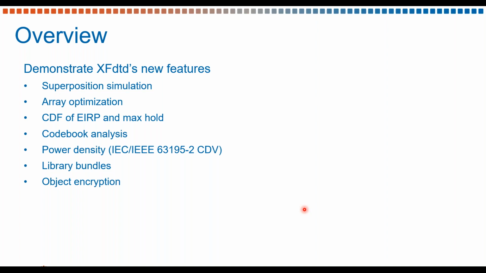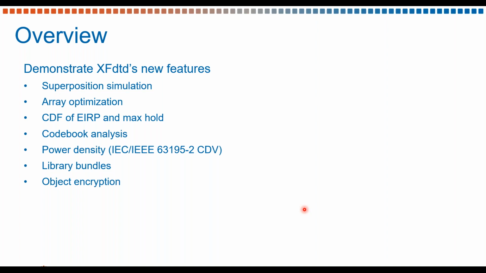And the next three topics involve specific result types that users can use to check the performance of the antenna arrays and also perform a few specific types of analysis.